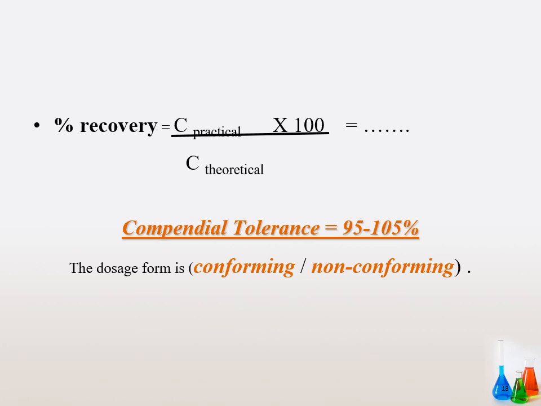If it is between 95% to 105%, this means that the dosage form is conforming. If it is out of the range, this means that the dosage form is non-conforming.